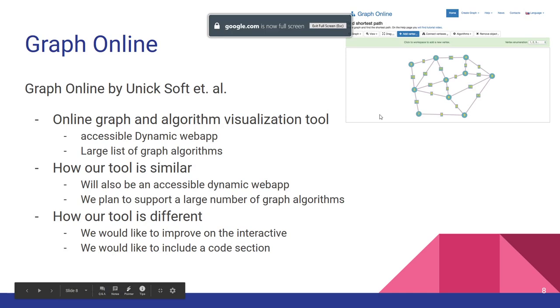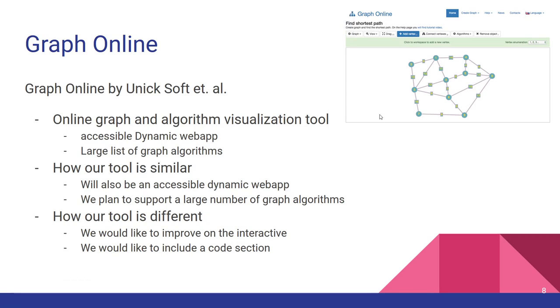presentation. Okay, so we wanted to highlight this tool because I believe this tool is the most like what we were envisioning. Our tool is similar because we also plan for it to be an accessible dynamic web app, and we also plan to support a large number of graph algorithms. Some of the improvements we want to make on this tool are we want to improve on the interactive side of it. Maybe try to improve on the interface somehow, like make it a click and drag.